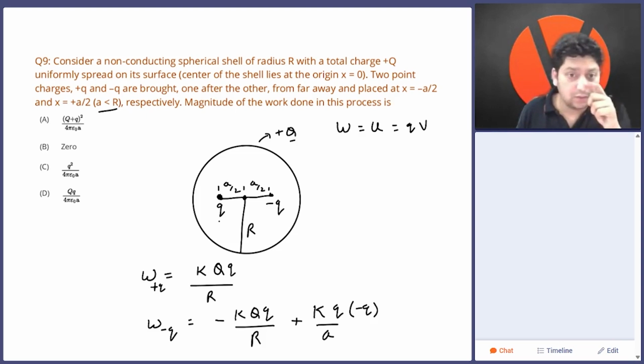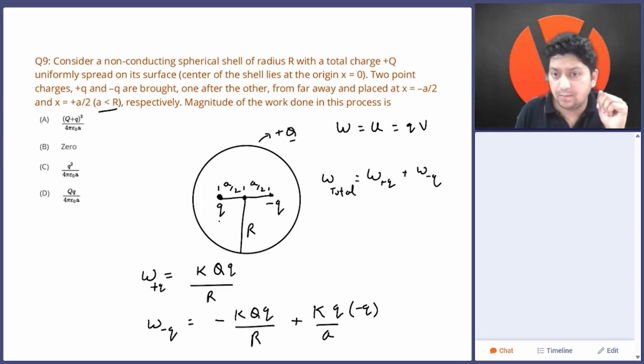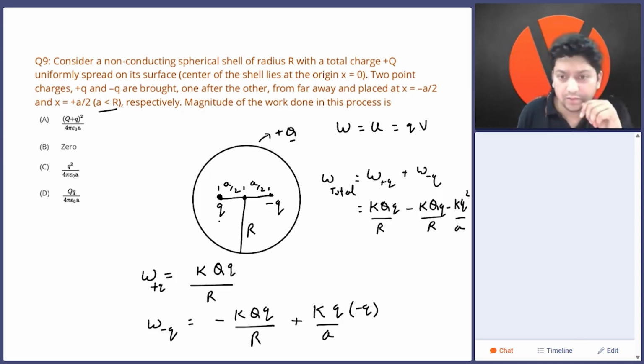So now the total work done will be how much? Let's write down over here. W total will be equal to, let's add up these two works, W plus q and W minus q. W plus q will be k Q q by R, minus k Q q by R, and minus k q square by a. So these two will be cancelled out.